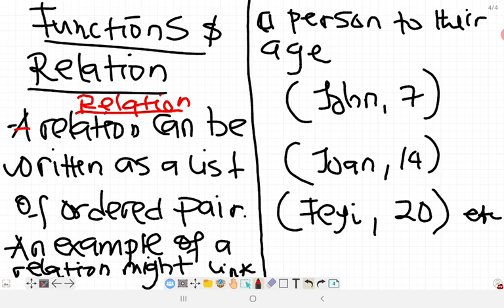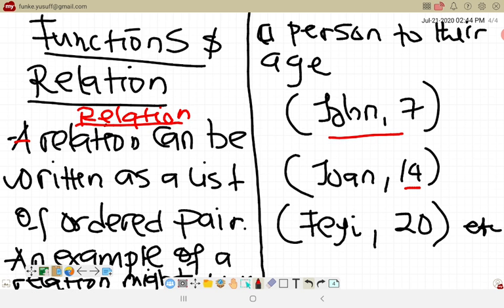For example, John, 7, that is, the age of John is 7. Joanne, 14, that is, the age of Joanne is 14. Fei, 20, that is, the age of Fei is 20.